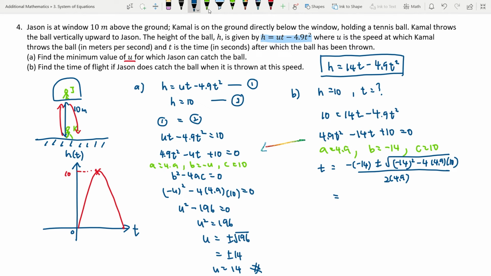We simplify the equation. We get 14 plus minus the square root of 0, over 9.8. Therefore, t is equal to 14 over 9.8. We simplify it and it is 10 over 7 seconds.